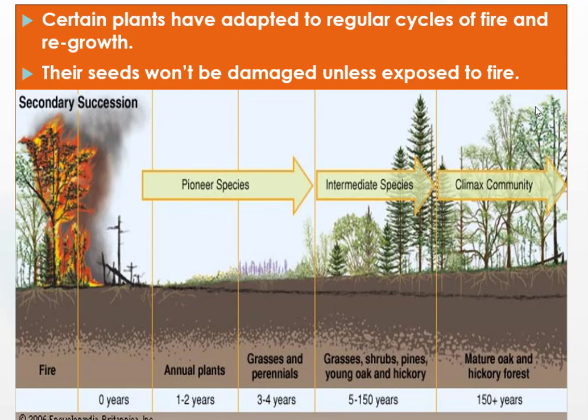Certain plants have adapted to regular cycles of fire and they can regrow. In a sense, they can place their seeds, or seed banks, within the soil, where they cannot be damaged unless exposed to fire. As you can see from the diagram, the community of organisms is damaged by some factor, in this case fire, and the area becomes blank.